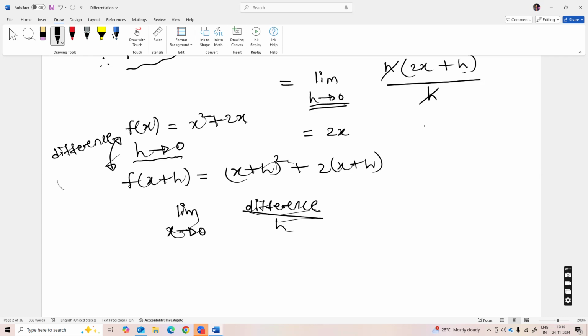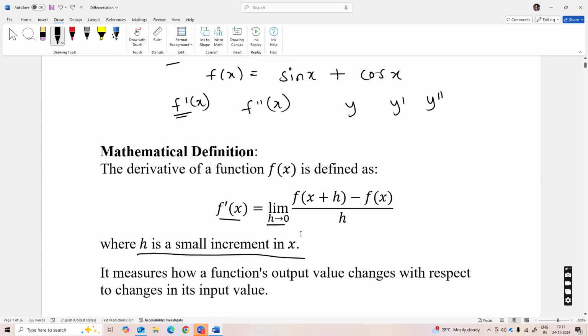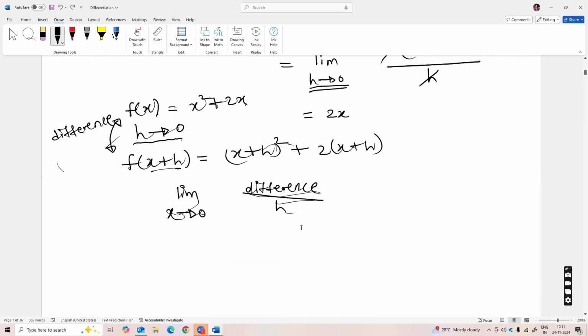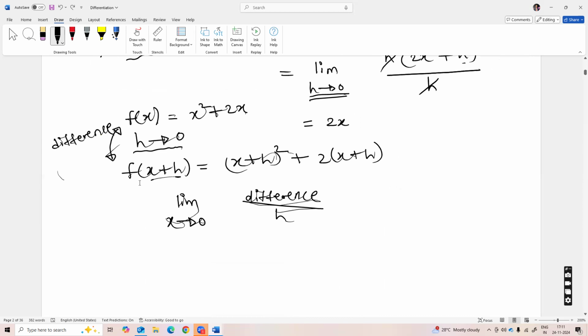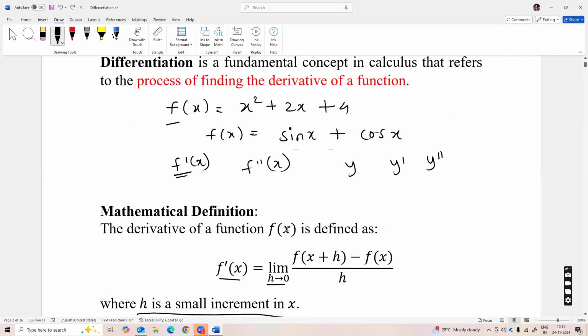Basically what you are trying to find out is, if you increase the value of x by a small value h, then how much increment in the function you get with respect to that increment, so that is the derivative.